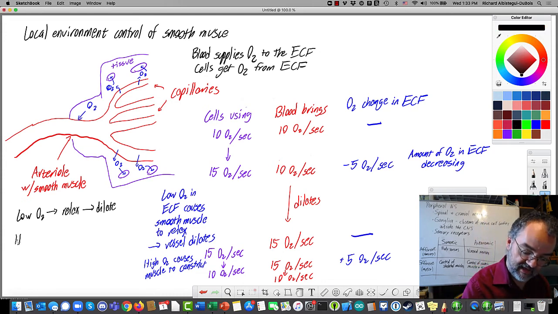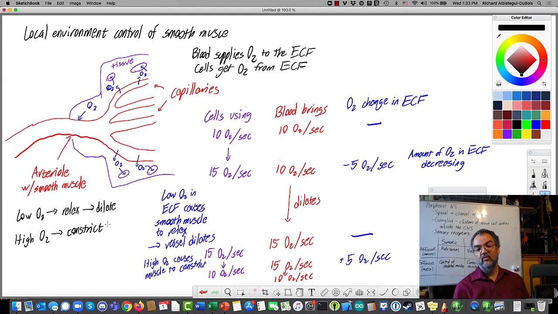So high O2 causes the vessel to constrict, which reduces the blood supply so that I'm not supplying excess oxygen. By having this happen at every individual arteriole that's supplying tissue, you can make sure that each area of the body gets a customized blood supply based on how much oxygen it needs. So that's an example of how smooth muscle can respond to the local environment, and even local messenger chemicals.